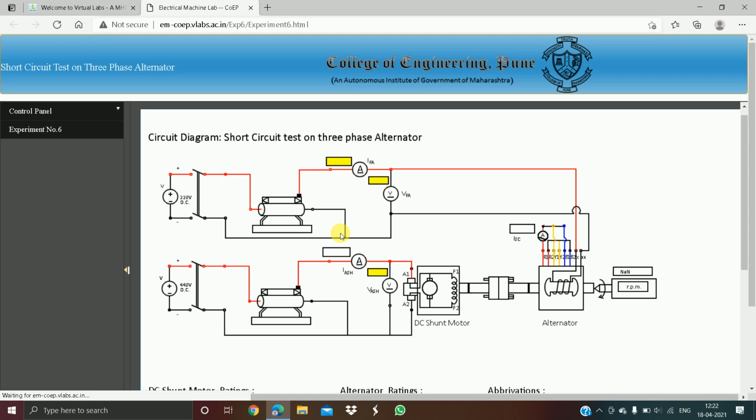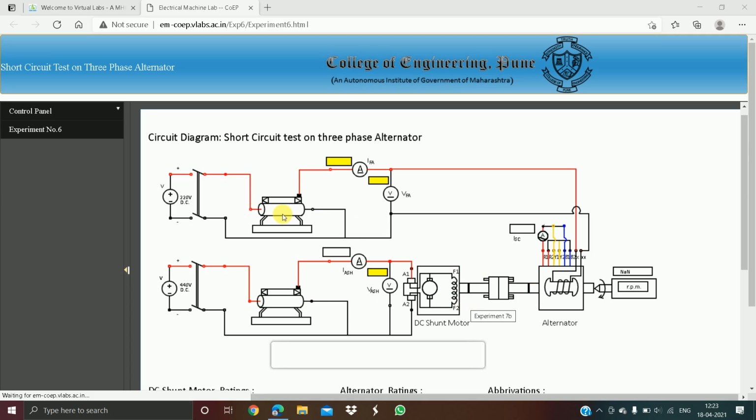Several components are connected, in which one end of the DC shunt motor is connected to the 440 volt DC power supply through a rheostat and DPST switch, and the other end of the DC shunt motor is coupled to the rotor of an alternator.